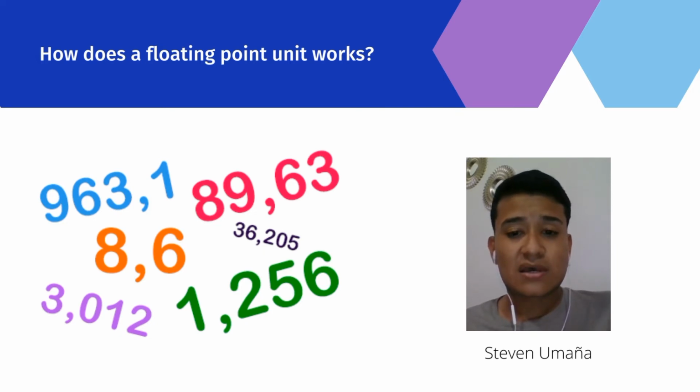FPUs handle mathematical operations related to floating point numbers. So, when a CPU is instructed to calculate 125 by 16, the equation will be processed as an integer operation by the integer processing unit.